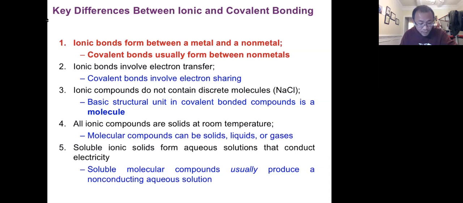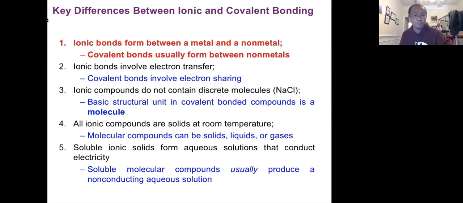First, the ionic bond we learned in chapter 4 forms between a metal and a non-metal. Again, you can see I put it in red. This is the most important piece of message for these two chapters, because after these two chapters, when I give you any compound, you first need to identify: should I apply the ionic bond model or the covalent bond model?